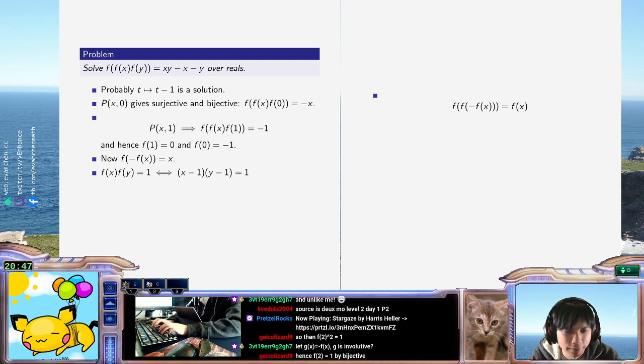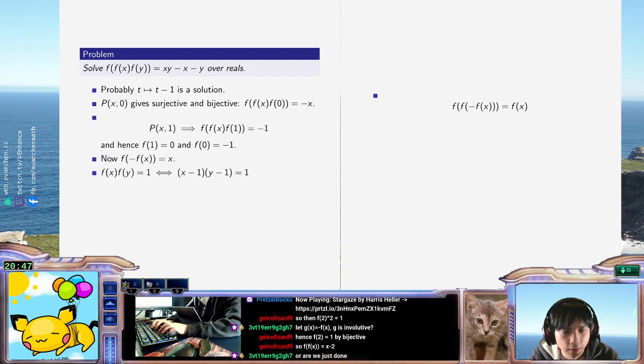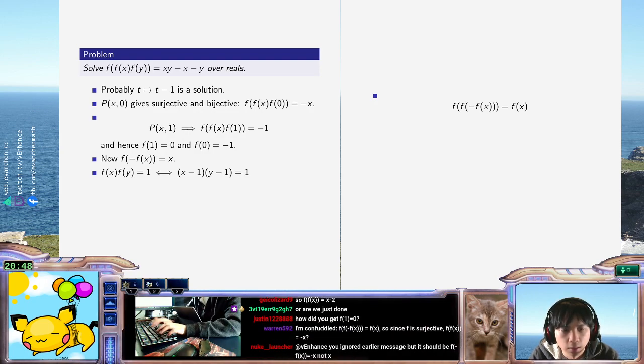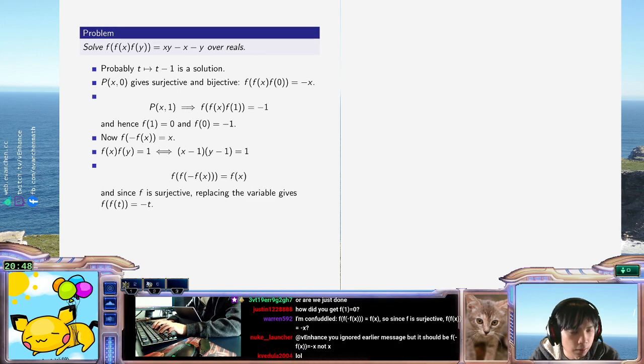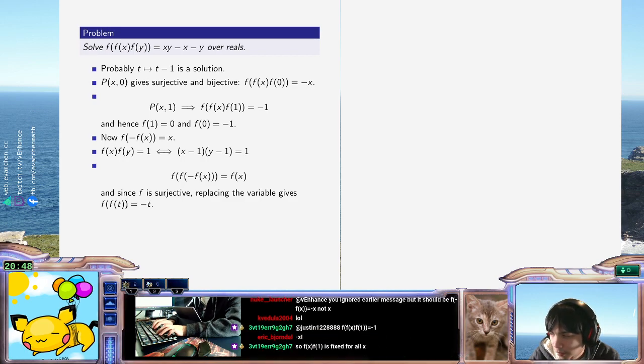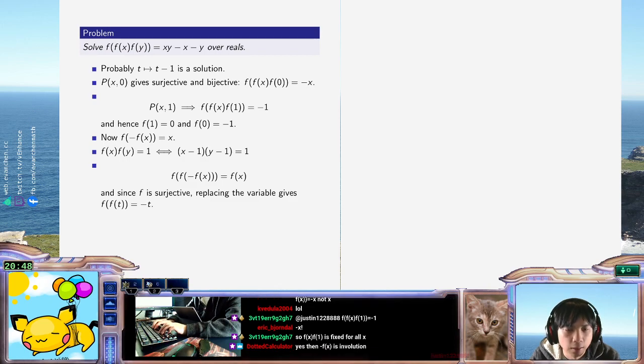So I have, wait, this is weird. So you have f of minus f is the f. And since f is surjective, replacing... oh, did I miss it? Minus x? You're right, okay. So then never mind, this is not true.